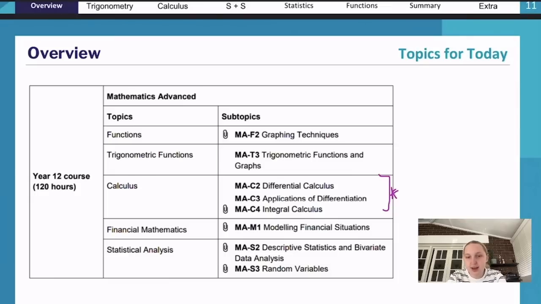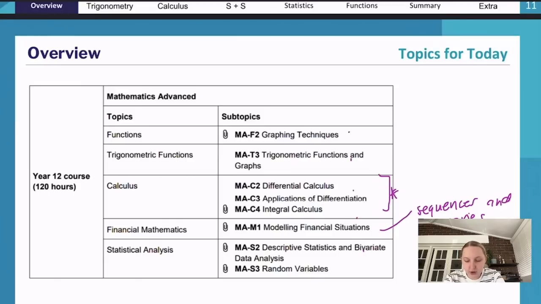Then you've got financial maths, which is about modeling financial situations. Something to note is that this is also where your sequences and series come in. I think sometimes people forget that sequences and series exist because they're not specifically outlined here, but they are part of financial maths. And then the last little bit is statistical analysis. So you've got your descriptive statistics and bivariate data analysis, and then you've got random variables.